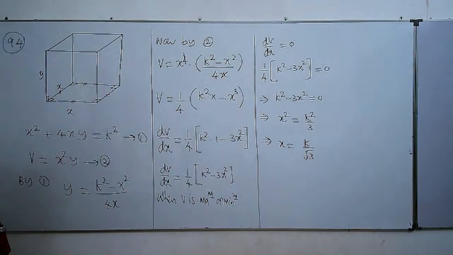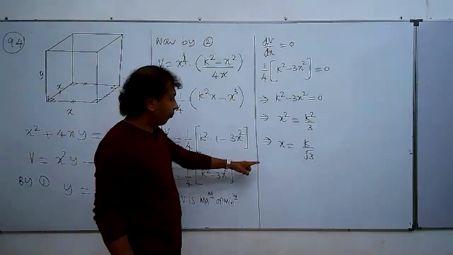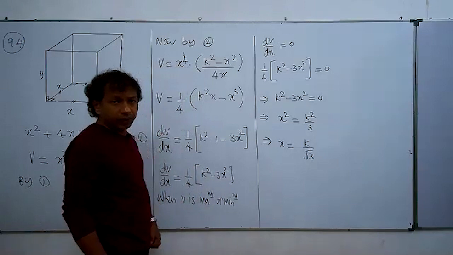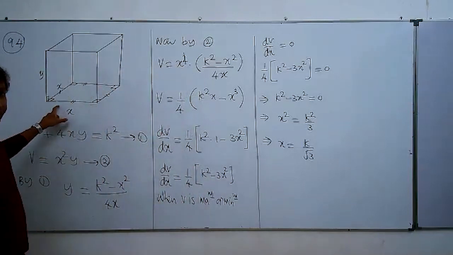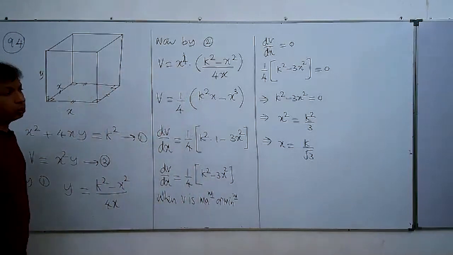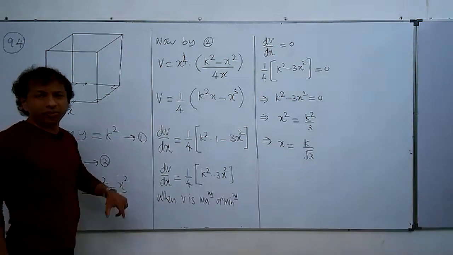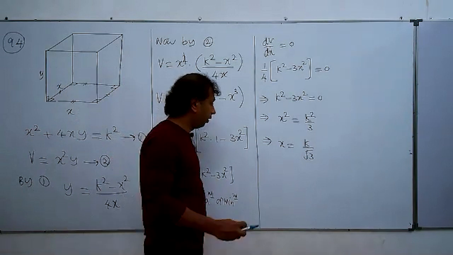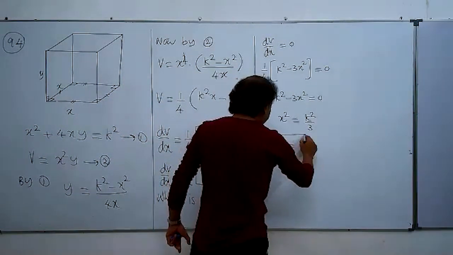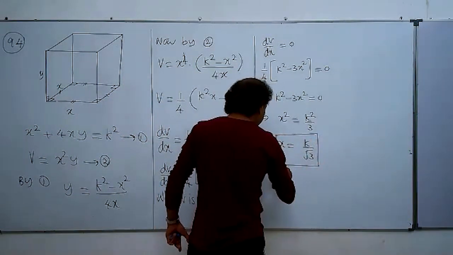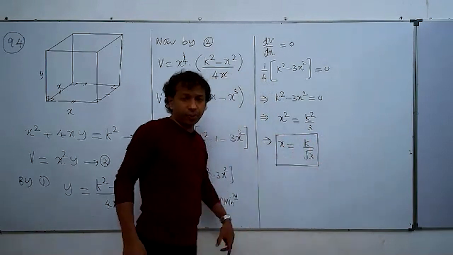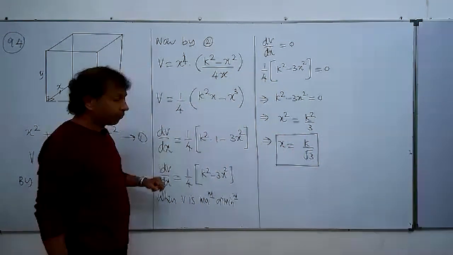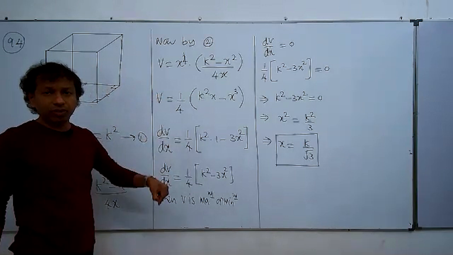The reason is, people, this x is the length of the base of the box. Length is always positive. Though you put plus or minus, again we have to reject the minus sign and select plus. So I straight away took this. Now k is this, x is this. That means at this value of x, the volume v of the box is either maximum or minimum.